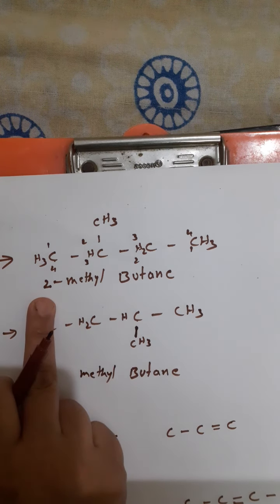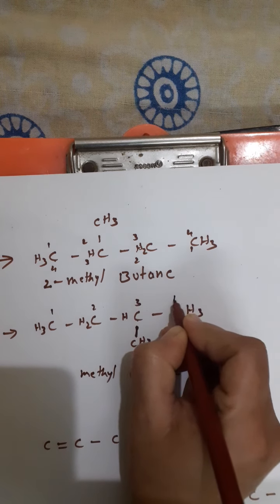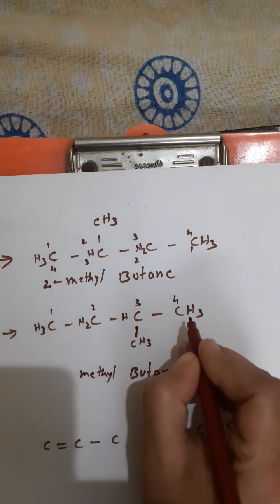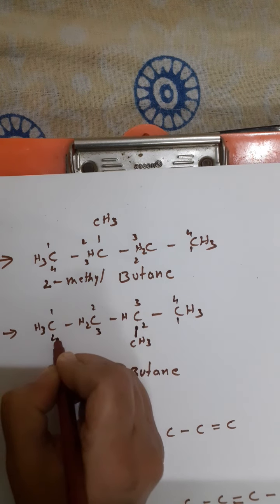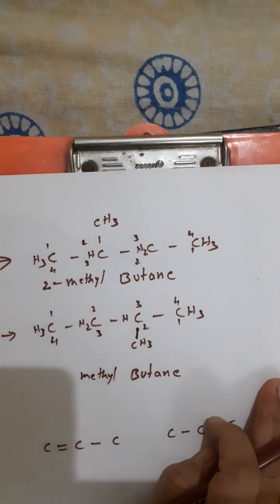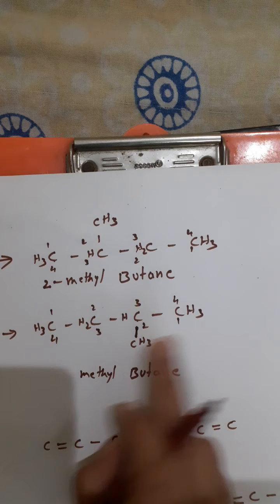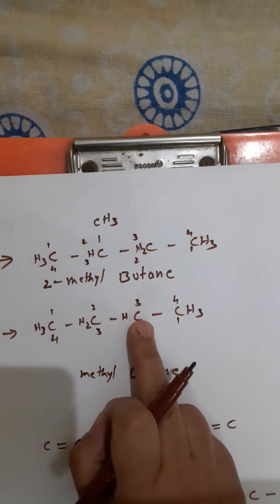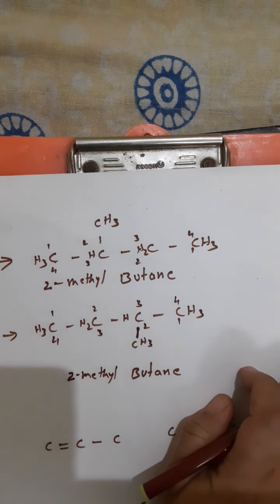So if I start from here, from left, the numbering will be 1, 2, 3, 4. And let me start from right side. 1, 2, 3, 4. So where the least number has been allotted to this methyl, from which side? From this side. So 1, 2. So 2-methyl butane.